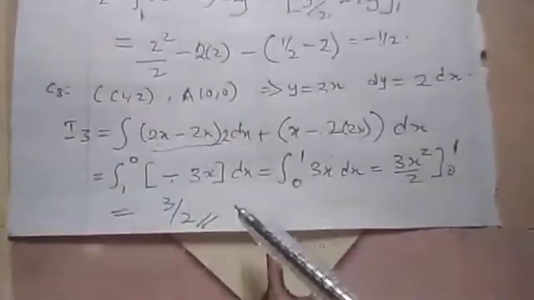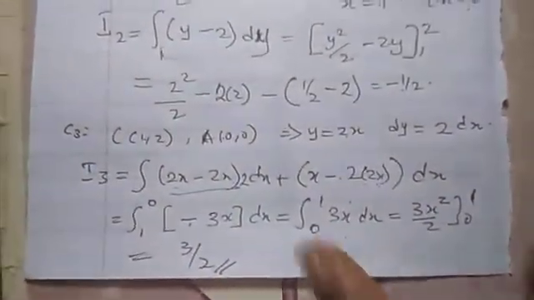So we have found I1, we have found I2, and we have found I3. Finally, we can get our answer. Therefore, our I is equal to I1 plus I2 plus I3. Our I1 there is minus 1.